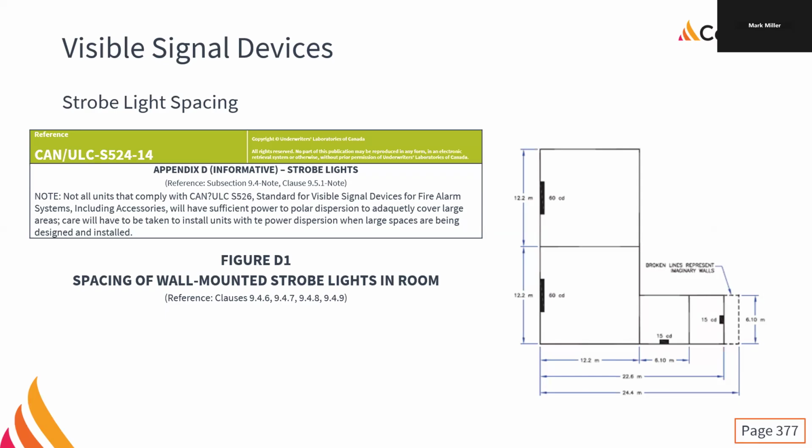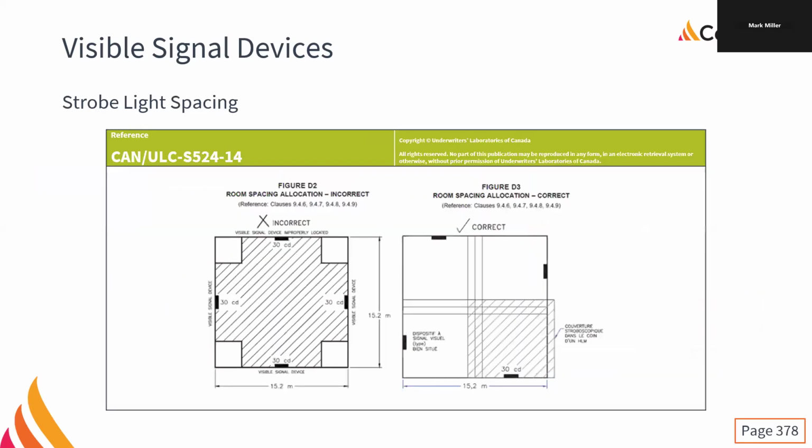One of the areas being in larger rooms, the installation of the strobes can be counterintuitive. If we think about a large, pretty square room like a school gymnasium, 4 strobes, let's put one centered in each wall.